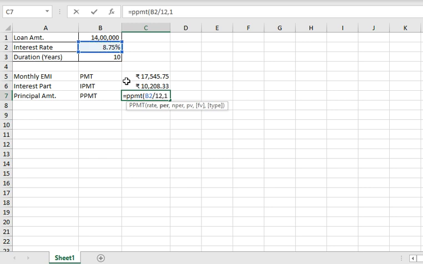Then per is 1, because we are going to check it for 1 month. Nper is 10 years, and 10 into 12 makes it monthly. Then the principal value. Now I am making it a positive number. You can do it at the same time, but for understanding I am doing it in a second attempt.